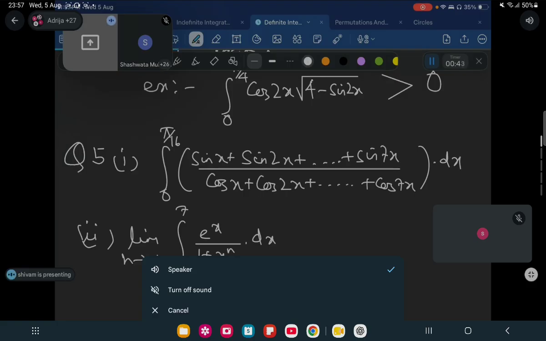Samragni, right answer. Yes, Aditya, right answer. See, everyone, it is again a sine and cos series, where the angles are in AP.